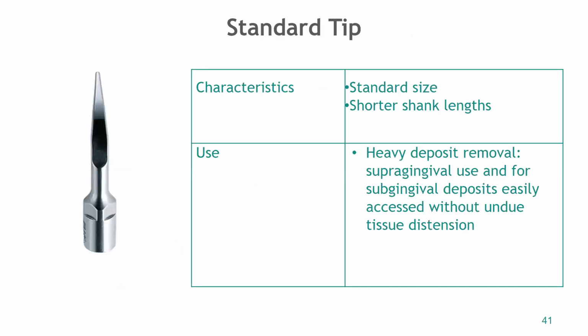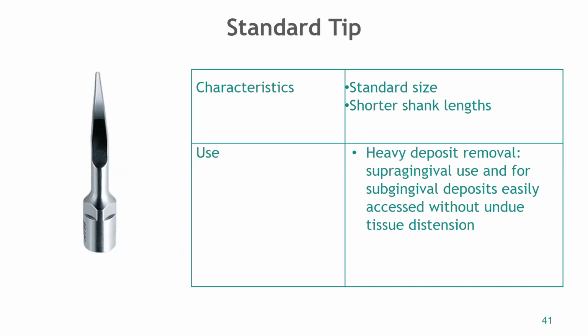So our standard tips, this is a piezo tip, are going to be shorter shanks, and these are going to be used for heavy deposits, typically supra, and we want these to be used in areas where we're not going to disrupt the tissue, okay?